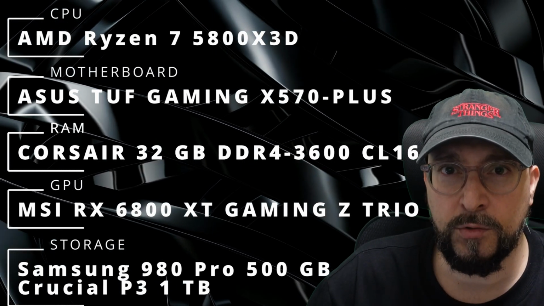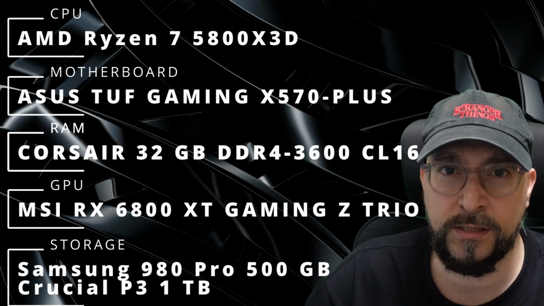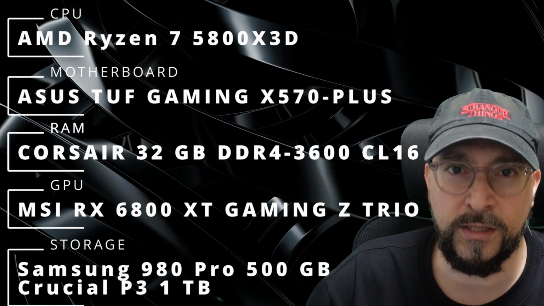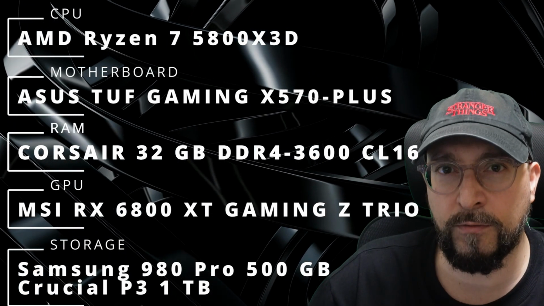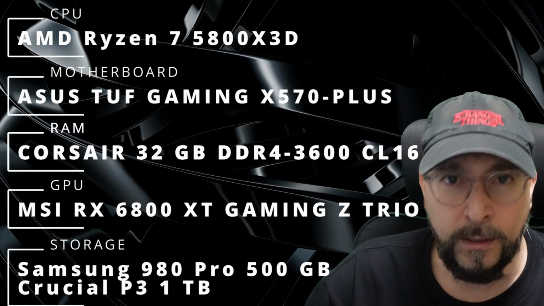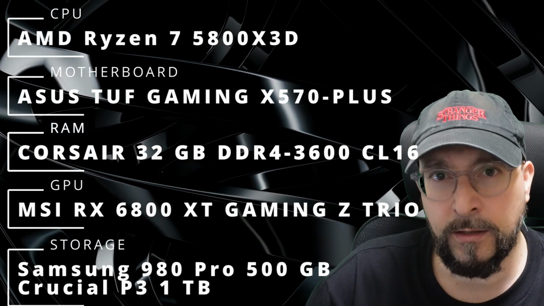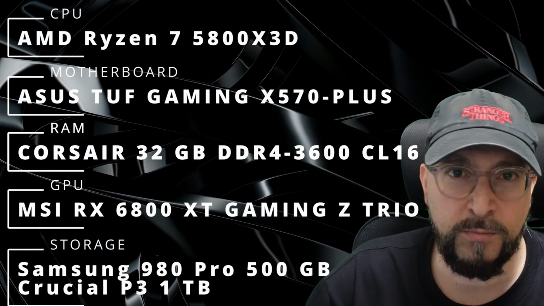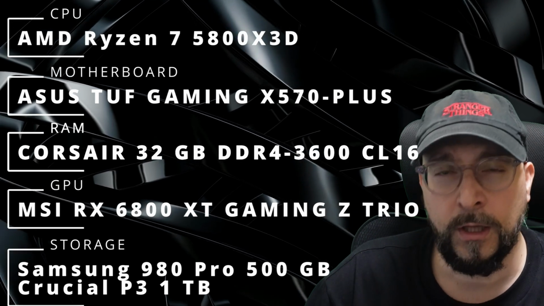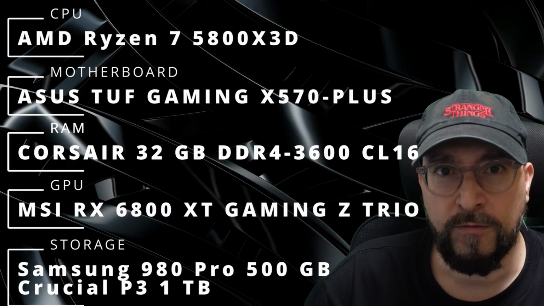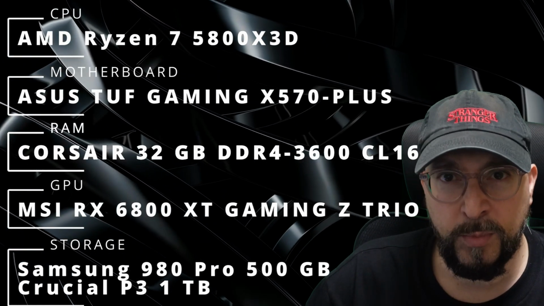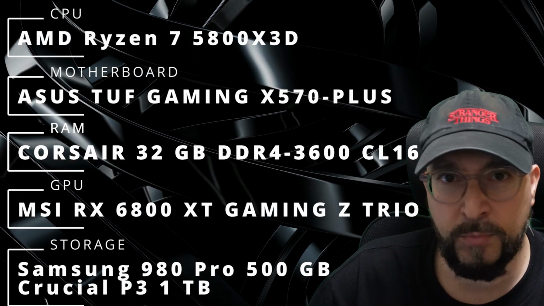My GPU is an MSI RX 6800 XT Gaming Z Trio, so it's a bit overclocked by factory settings, but I have undervolted it and maybe pushed it a bit further, and it stays on higher clocks for a bit longer depending on the temperatures.